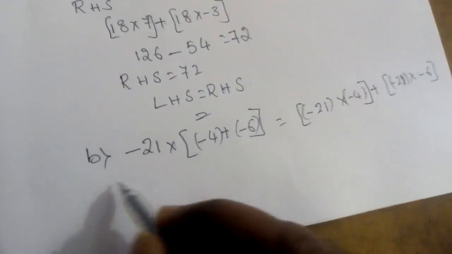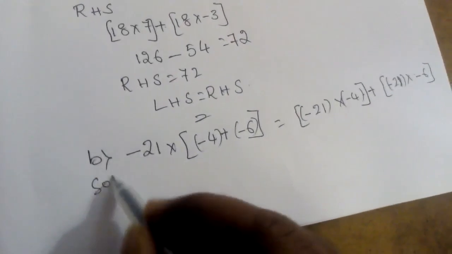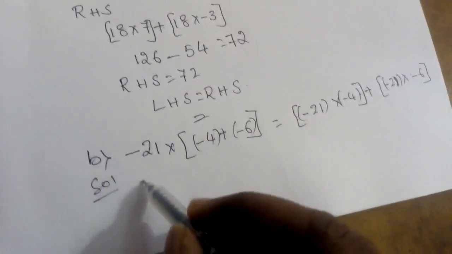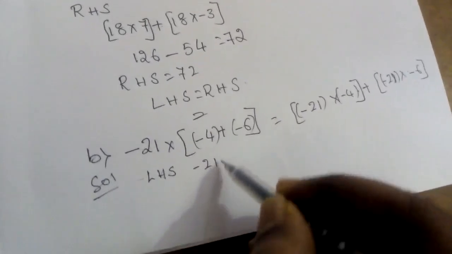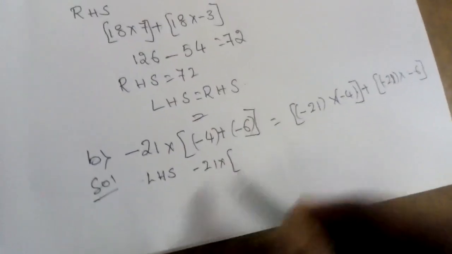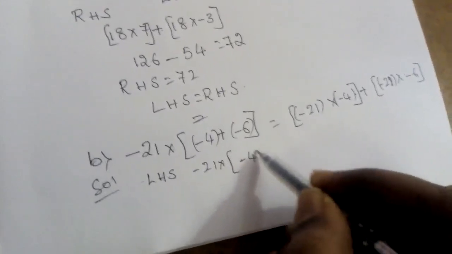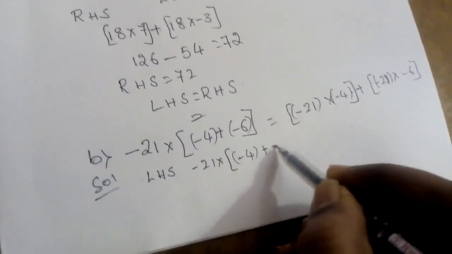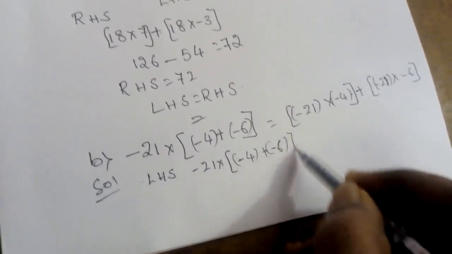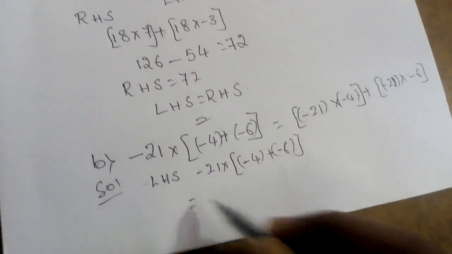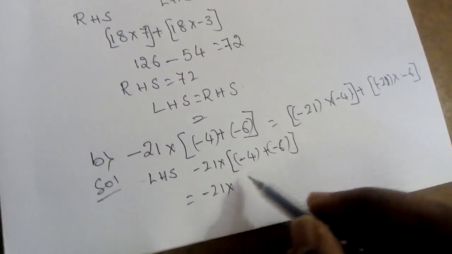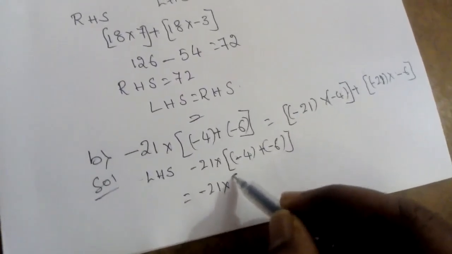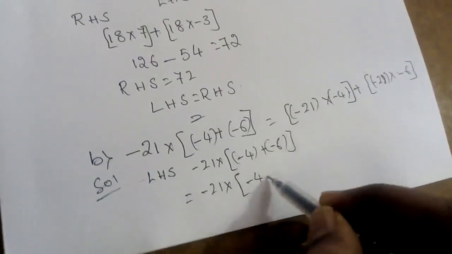First take the LHS. LHS: minus 21 into minus 4 plus minus 6.